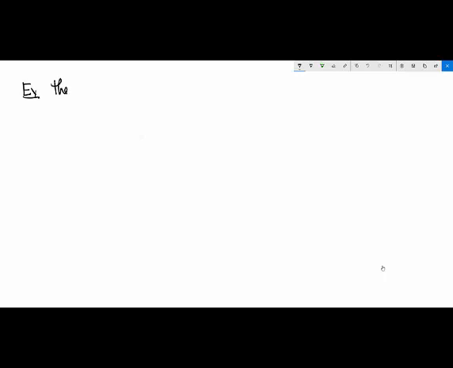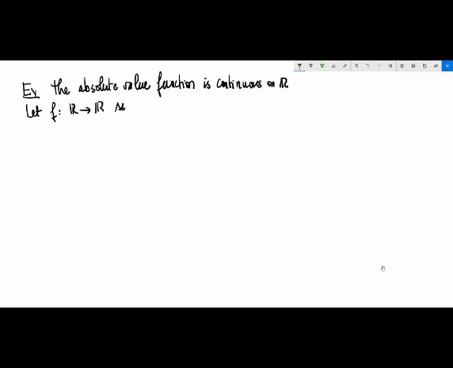I claim that the absolute value function is continuous everywhere. It's continuous on R. So to this end, let f be a function mapping R into R such that f of x is equal to the absolute value of x.